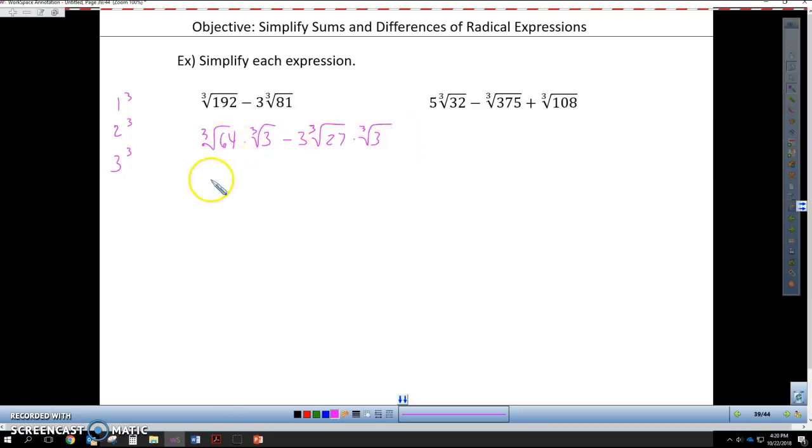So cubic root of 64, that's 4. I don't want to forget my equal signs. Minus 3 times 3 times the cubic root of 3. So this is 4, take away 9, and that is negative 5 cubic root of 3.